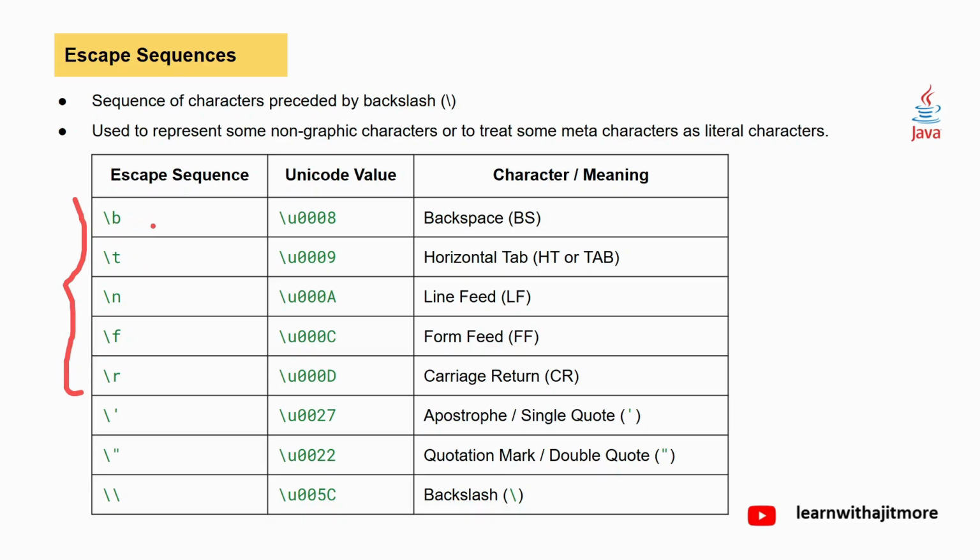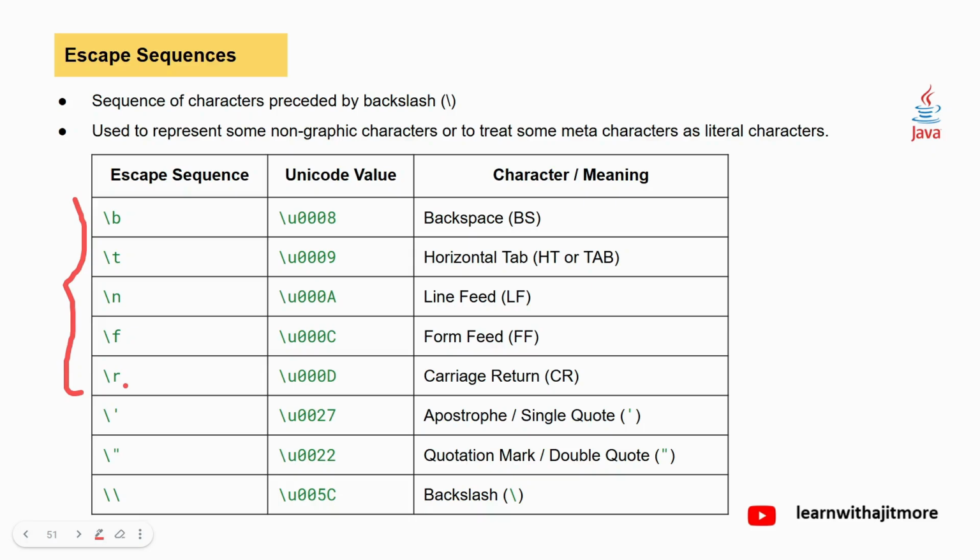Like slash b, it just takes the cursor back. Slash t will just put some fixed number of spaces. Slash n brings the cursor to the next line. Form feed is basically for printers and all, because a printer is also an output device. It is used for ejecting the paper.